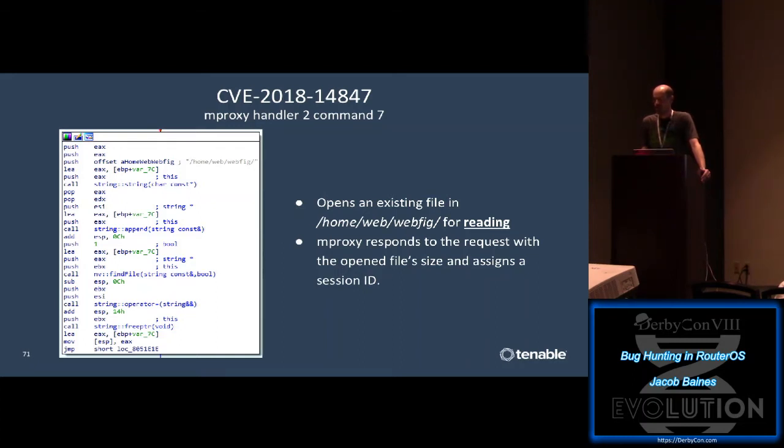All it does is open an existing file in home/web/webfig for reading. Now, mproxy replies to the client with a session ID and size of the open file. Unpictured here is the logic that checks for directory traversal. It's actually really large, it's convoluted, it doesn't fit into a slide, and since we're actually talking about the CVE, it obviously doesn't work.